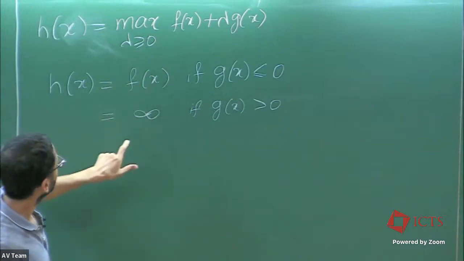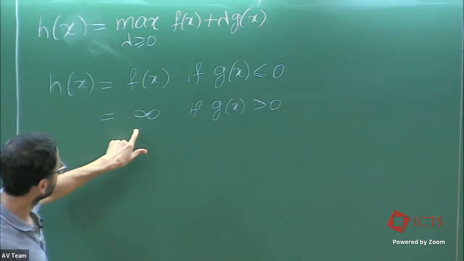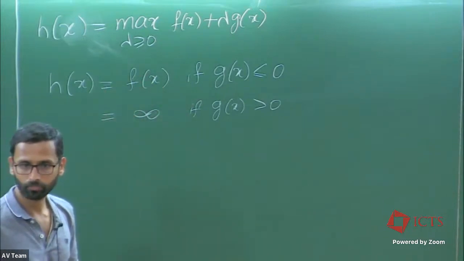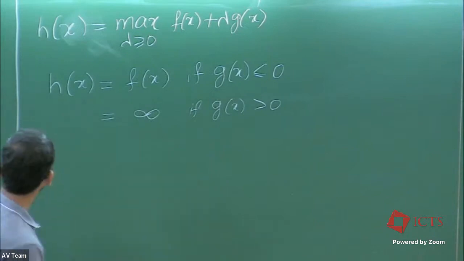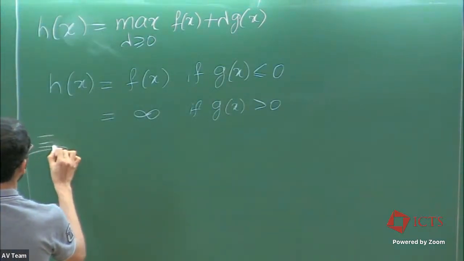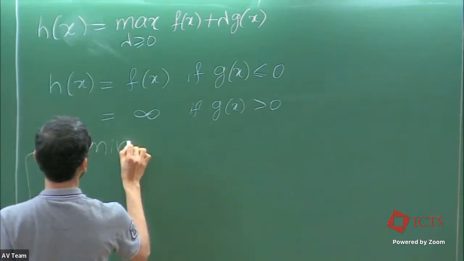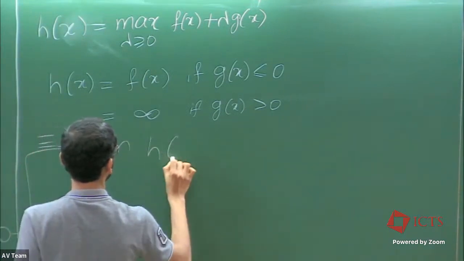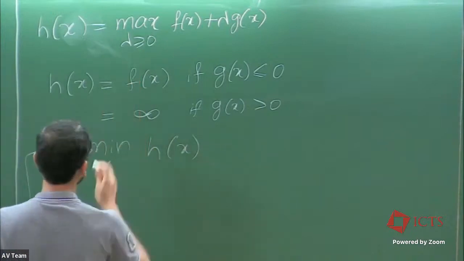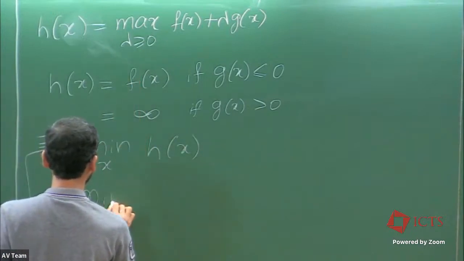Okay, and h of x is going to be equal to infinity if g of x is greater than 0, because then lambda can be taken all the way to infinity. Right? So this constrained optimization problem is equivalent to minimizing h of x, which is unconstrained. Right? So if we just put in the definition of h of x from here, what we get is actually a minimax optimization problem.